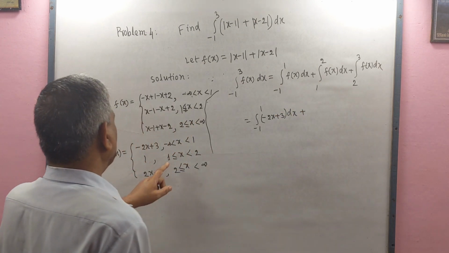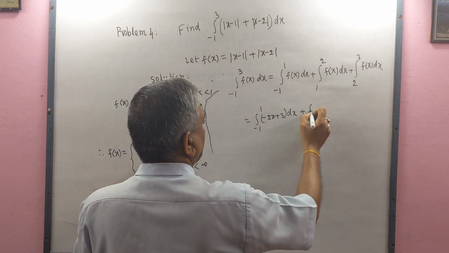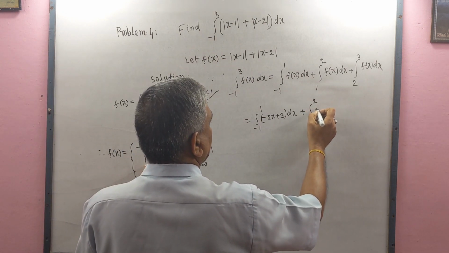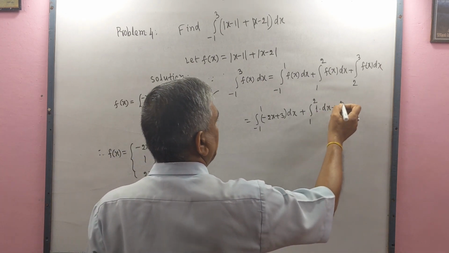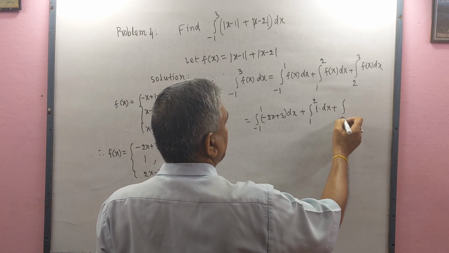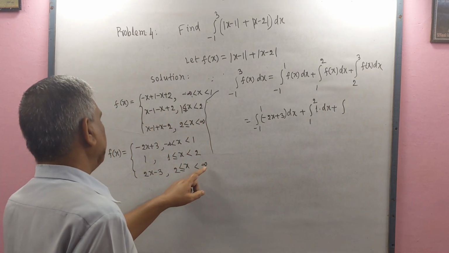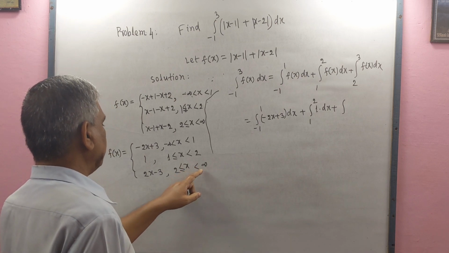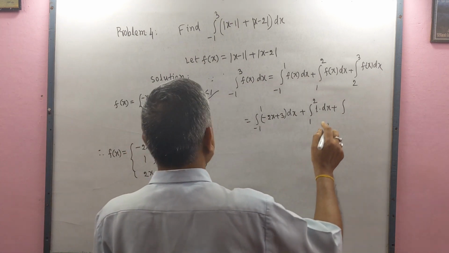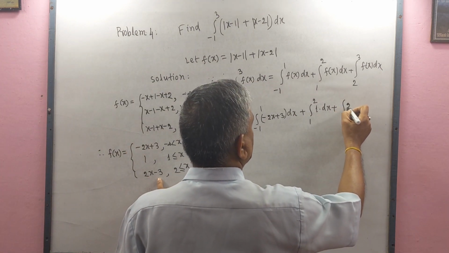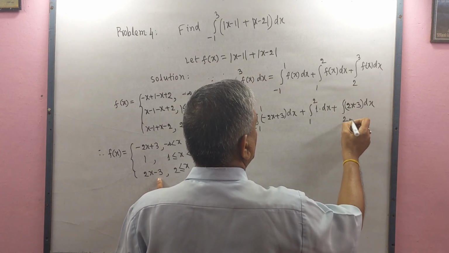Between 1 and 2 the value of f(x) equals 1, so 1 dx, plus between 2 and 3, 2x minus 3 dx.